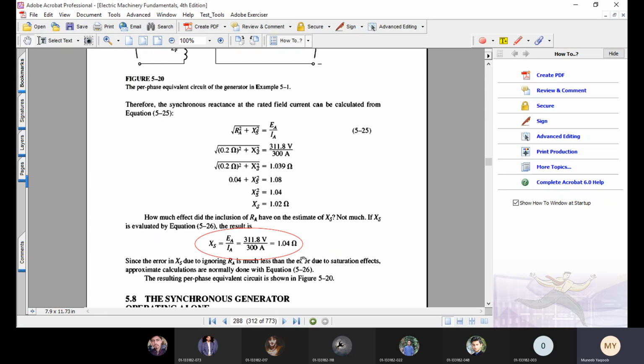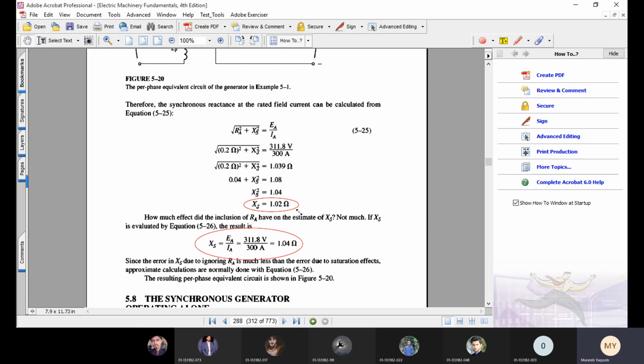So EA was 311.8, IA was 300. We divided it and got the approximate answer directly, 1.04. And you can compare it with the actual answer: there is not much difference between the approximate answer of synchronous reactance and the actual answer.